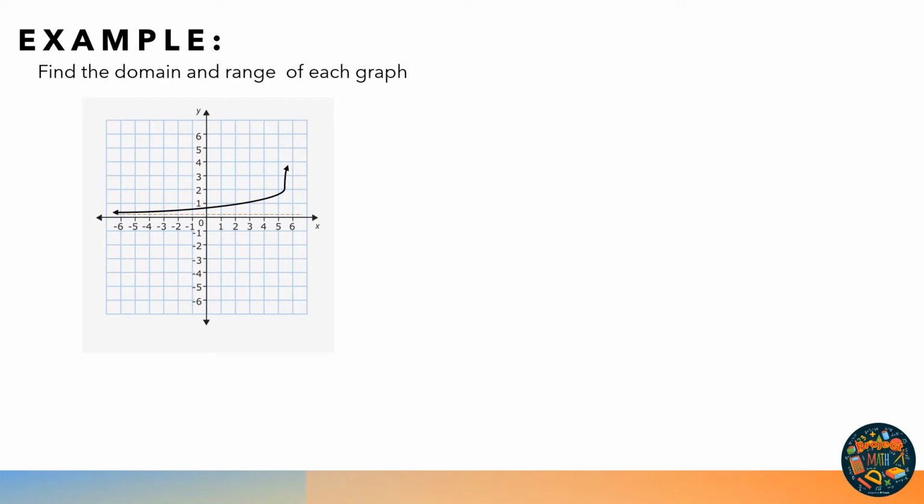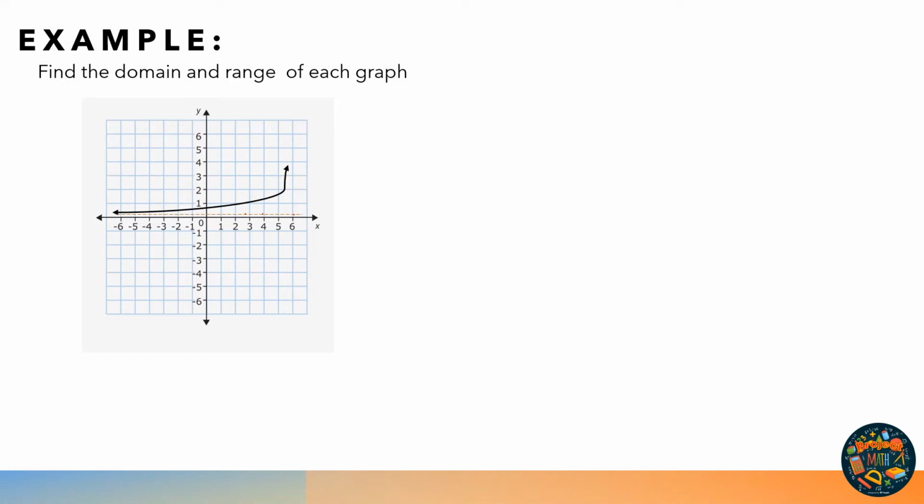Okay, next graph. Anong mapapansin natin sa graph? Mapapansin natin sa graph that there is a broken line. Okay? So ano ang broken line na ito? Itong nandito. So ang broken line na ito ay tinatawag natin na asymptote. Okay? So ano ba ang ibig sabihin ng asymptote?